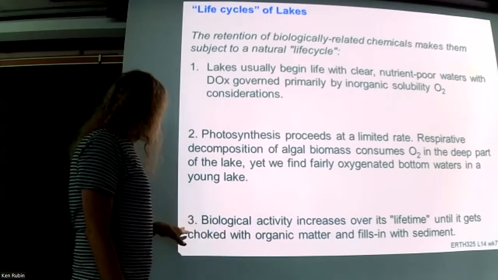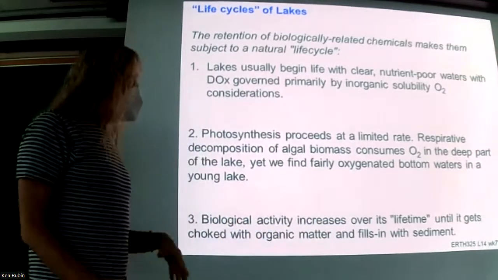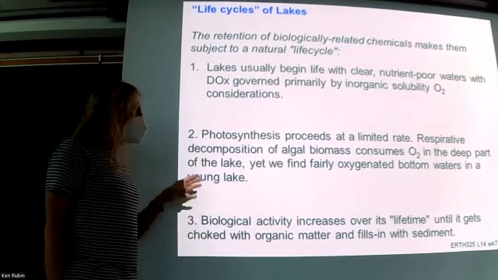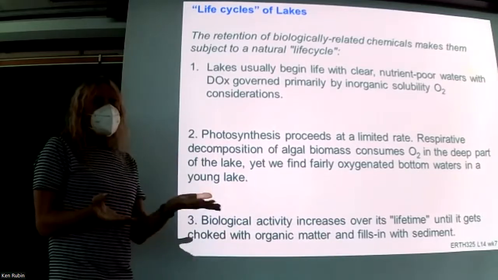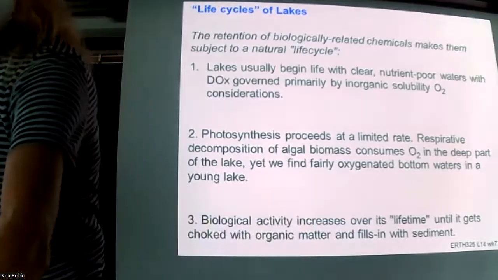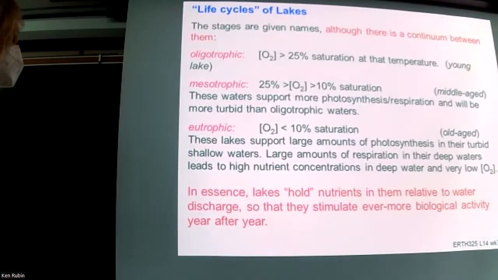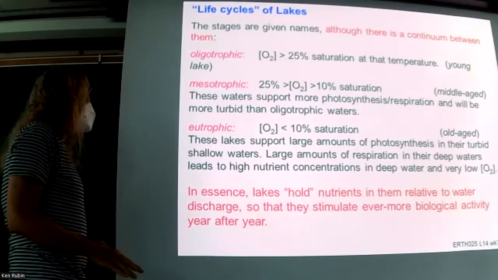And that gives us this kind of lifetime idea. After a certain point, the biological activity will get so intense that the lake will fill in with organic-rich sediment and it'll become a meadow or a bog or something else. So the question is, how long does that take naturally and how have humans impacted it?